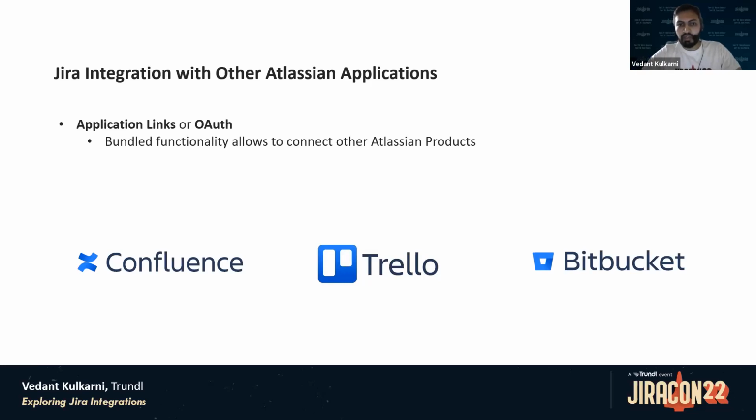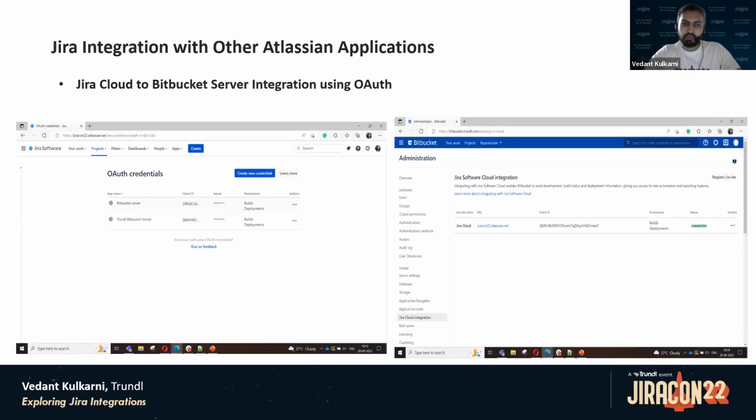So I'll show you one example of what we have achieved. In this example, you can see that we have integrated Jira Cloud with Bitbucket Server using OAuth. All you need to do is also run some pre-checks before setting up this integration.